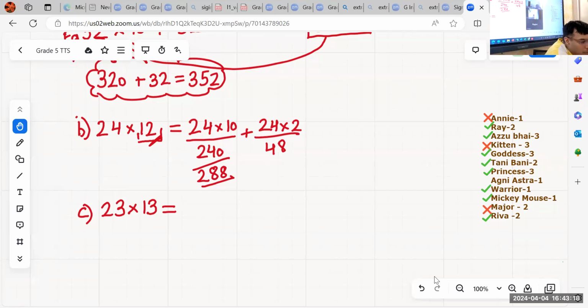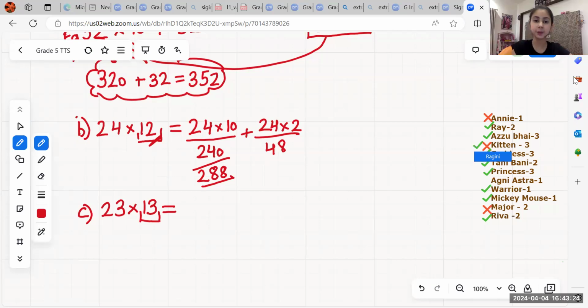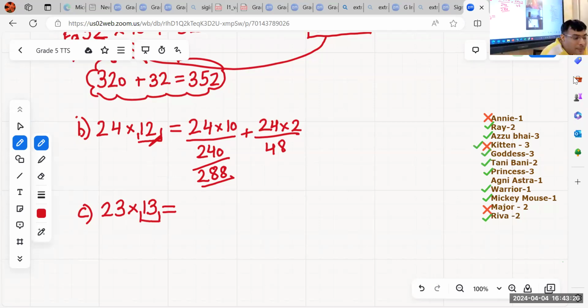So which number will you break? Can we break 13? Annie? So we can break it into 8 and 5. Beta, why will you break it into 8 and 5? If you break into 8 and 5, it's perfectly all right. Mathematically it's correct. But then how will you solve it in your mind? It will be solved in your mind when you break it into what?